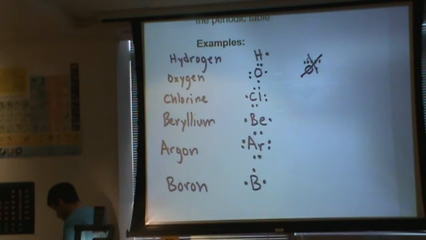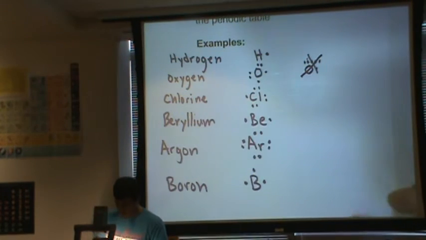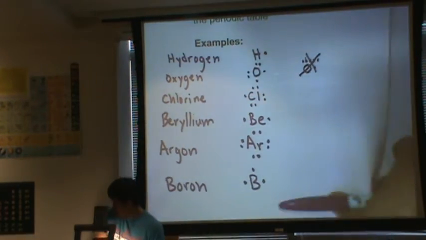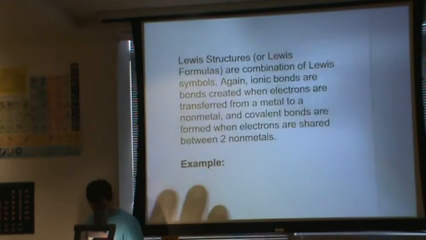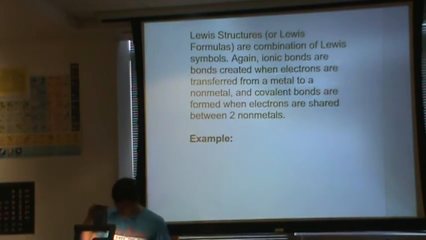So what you can do is make Lewis structures out of these. These are Lewis symbols for individual atoms, or you can combine 2 atoms together to make a molecule. Lewis structures, or Lewis formulas, are a combination of Lewis symbols.